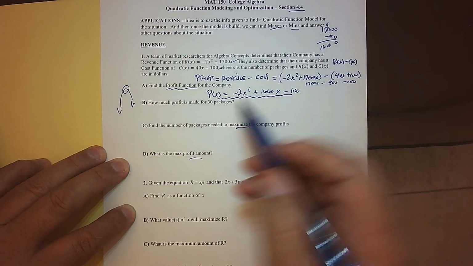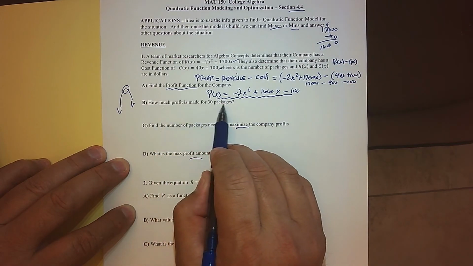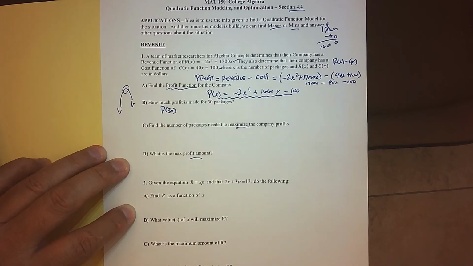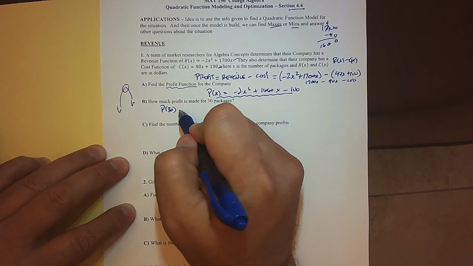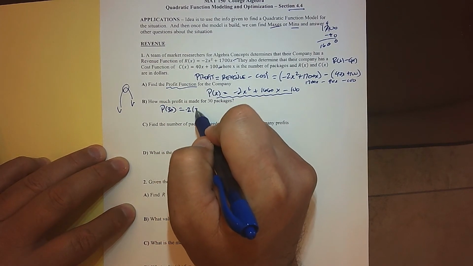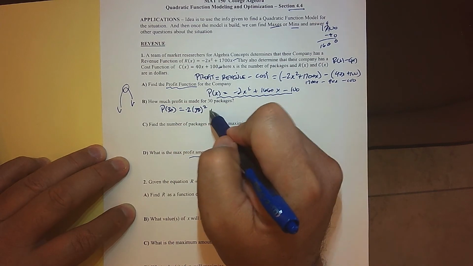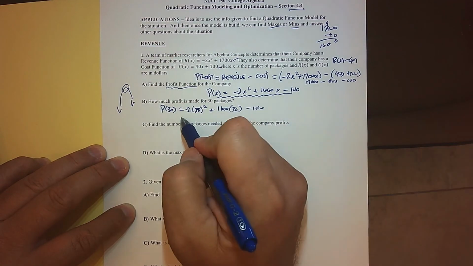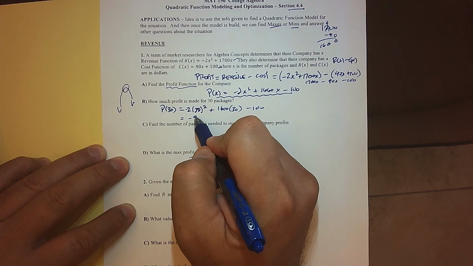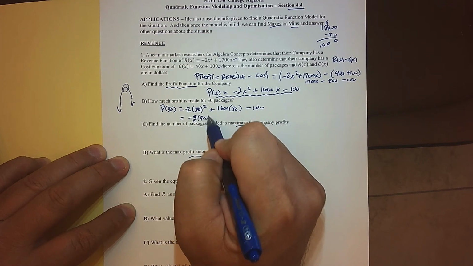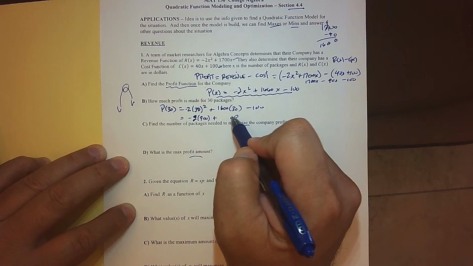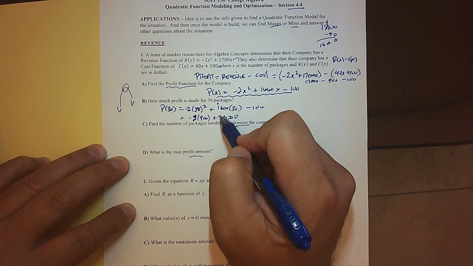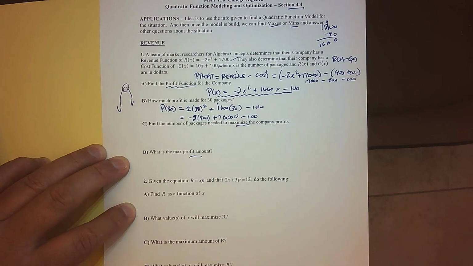Okay? So the next thing they want us to do is figure out how much profit is made for 30 packages. So functionally, they're asking me to find P of 30. And so just plugging that in, we get negative 2 times 30 squared, right, plus 1600 times 30 minus 100. And so I believe 30 squared, that's 900. And right here we got a couple of zeros, actually 3 zeros. 30 times 6 is 8, carry the 4. And we get 7,800 and then minus 100.